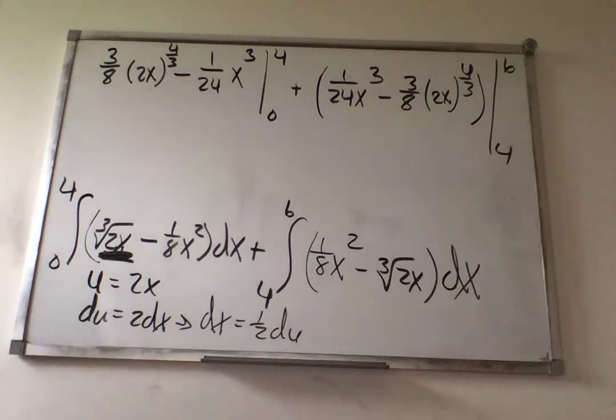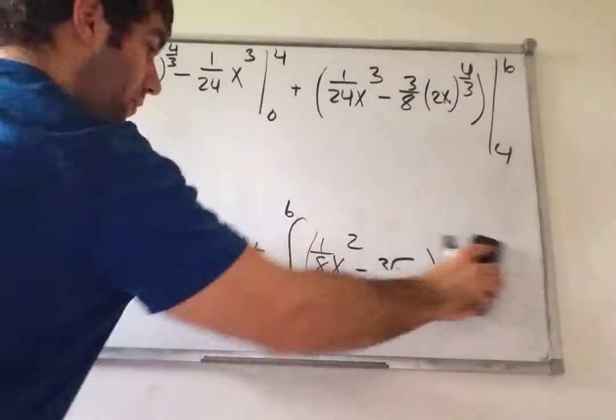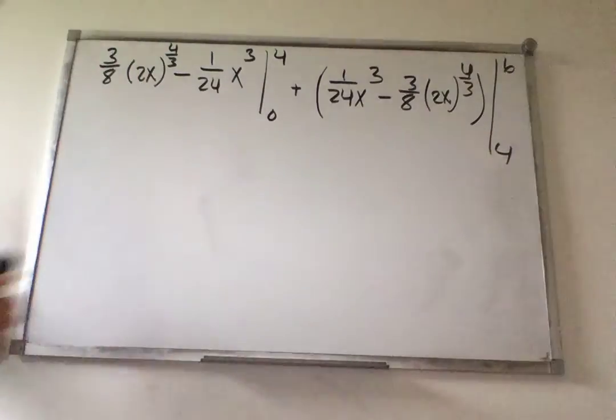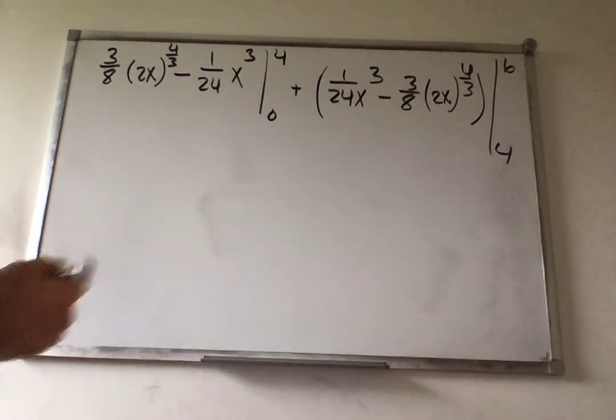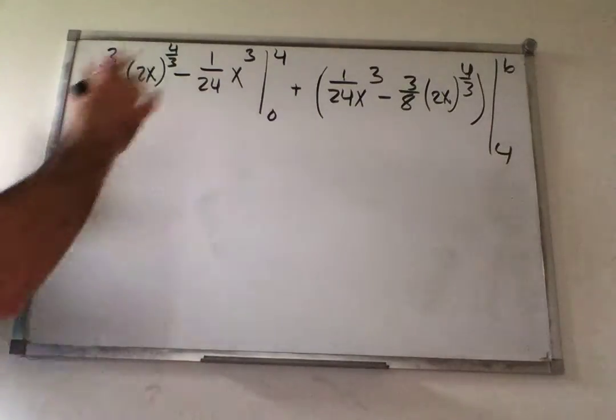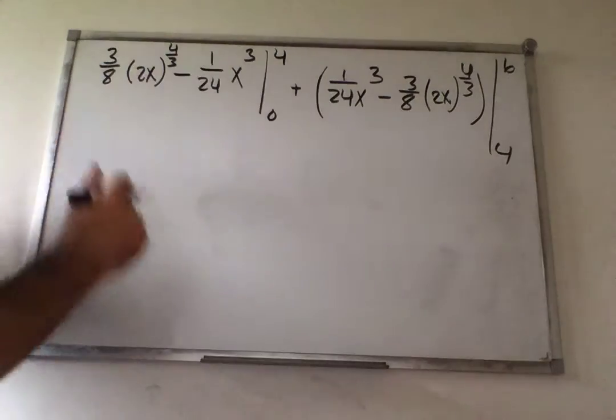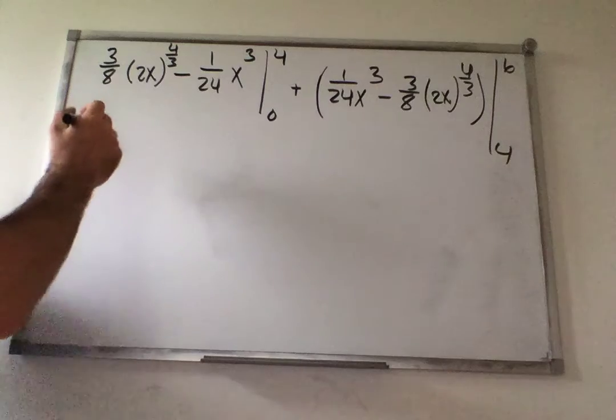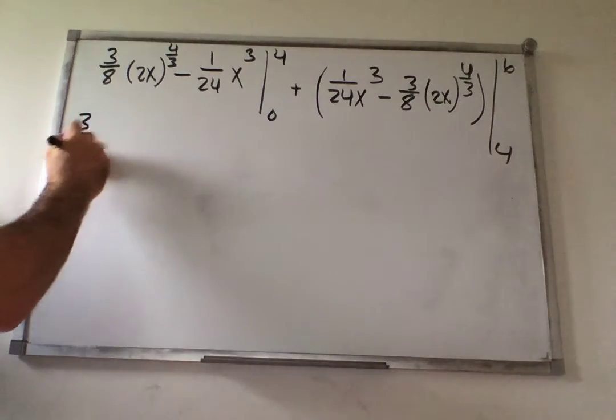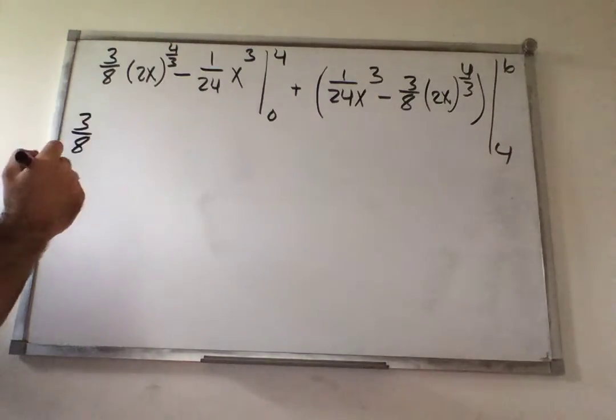So now all you have to do is plug 4 in, plug 6 in. I would use your calculator for this. This is a lot of plugging in, evaluating numbers. I'll write out the numbers when we plug them in. But then, like I said, after that, use the calculator. 3/8, I want to plug 4 into here.